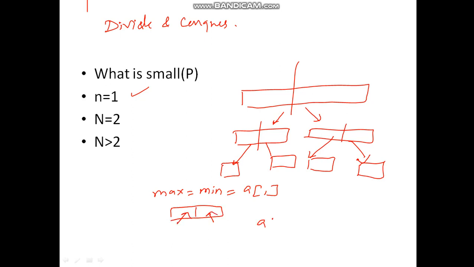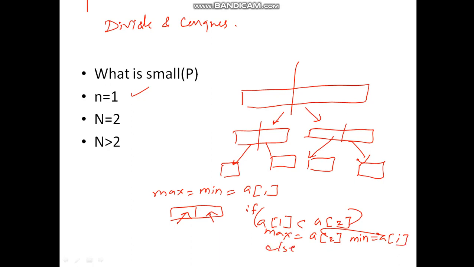If a of 1 is less than a of 2, then max is equal to a of 2, min is equal to a of 1. Otherwise, max is equal to a of 1, and min is equal to a of 2.